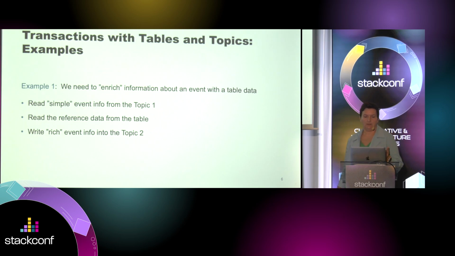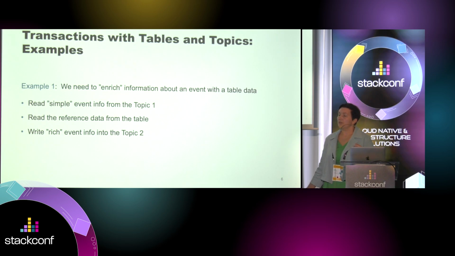For the first example, we need to enrich information about an event with table data. So we read a simple event from topic 1, then we read some reference data from the table, process the event with this, enrich the event with this data, and write the rich event info into topic 2.